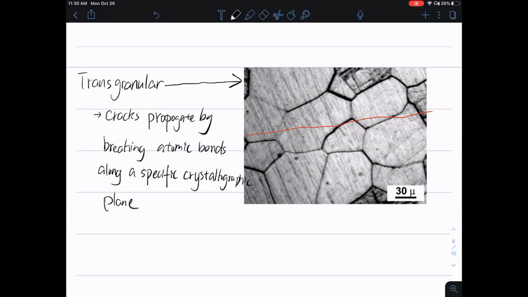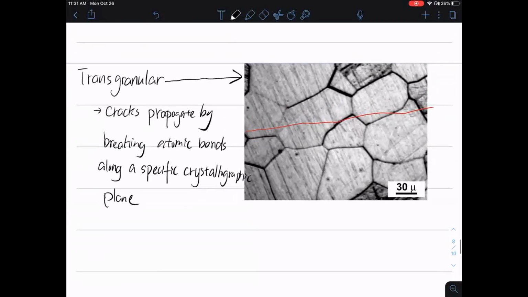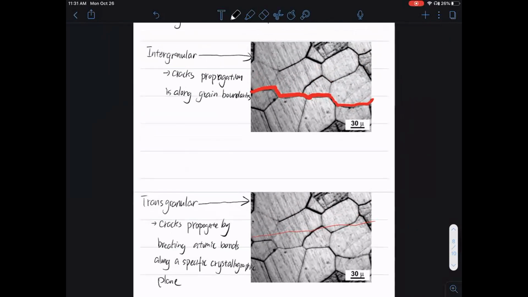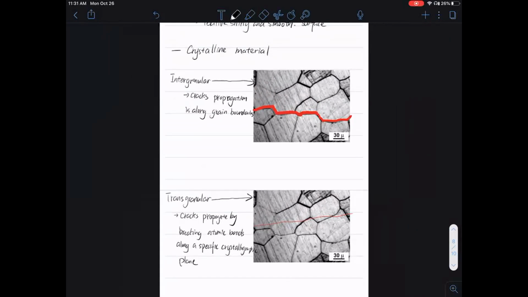Nothing, just 3 numbers. Which one is for direction? Square brackets for direction. Then we only have one left, which is parentheses for planes. What is happening when you have curly brackets? That's a family, yes. Okay, all right. Yep, that's the difference. Under crystalline materials, we can have 2 different types of fracture surface.